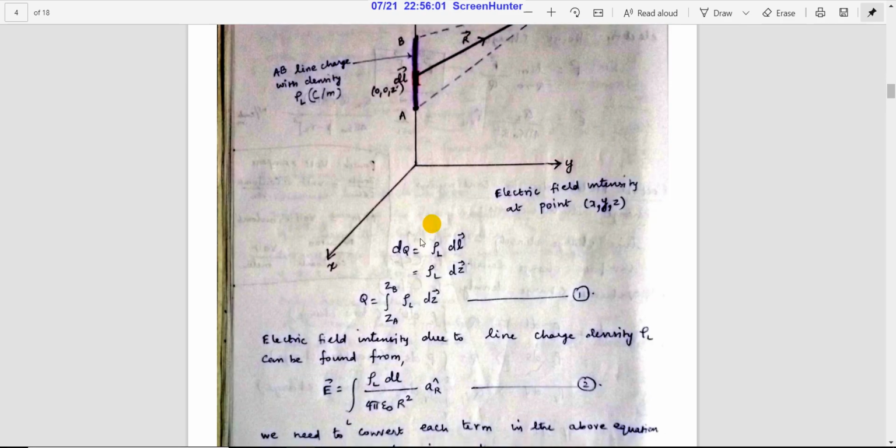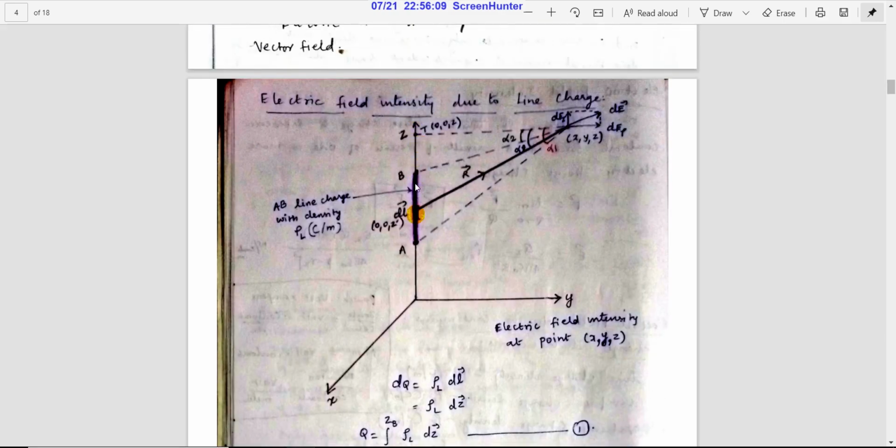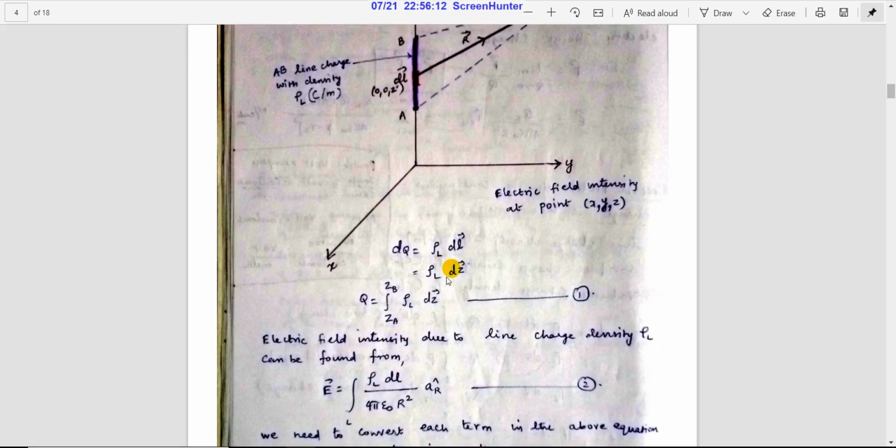So if you segregate this particular dE vector into these two, then you will only have these two components of the electric field intensity due to this particular line charge distribution. So the dq is going to be defined as rho L dl vector.